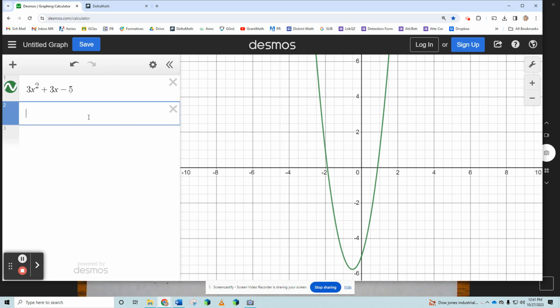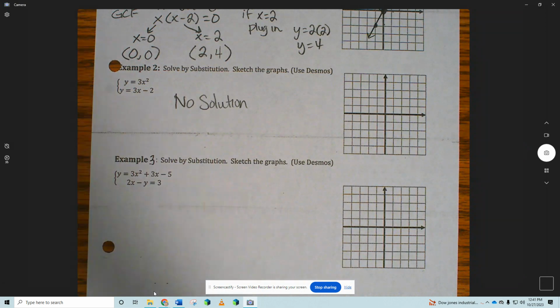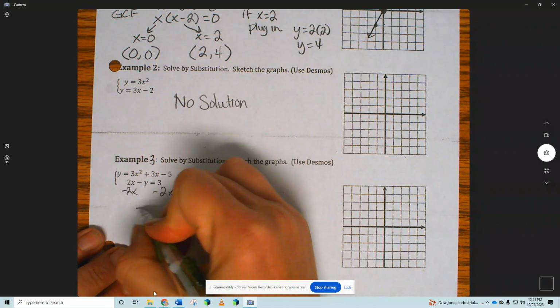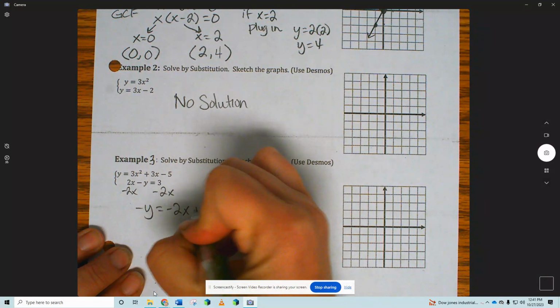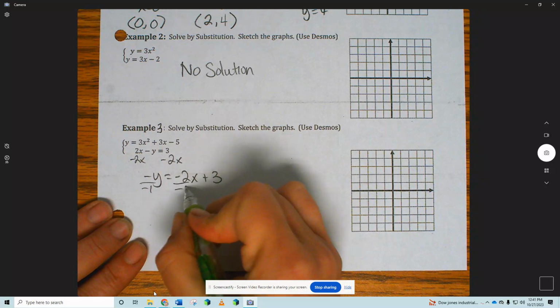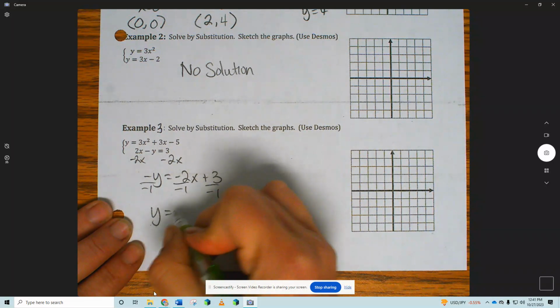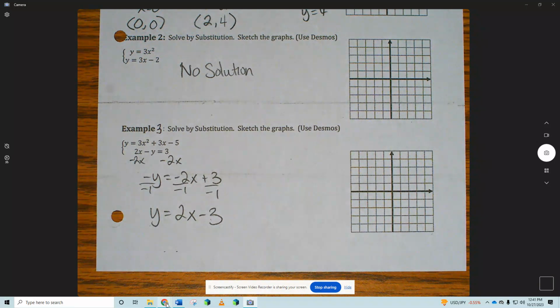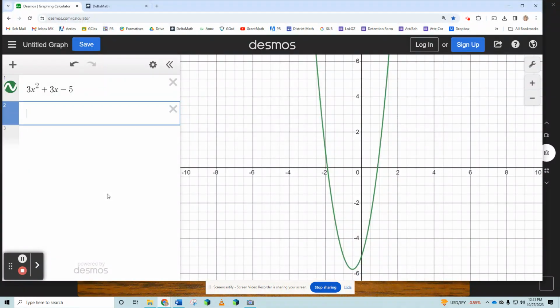What'd you get? If I subtract 2x, and then I have to divide by -1 because it needs to be positive y equals mx plus b. You've got to be able to change these on your own. 2x minus 3. Ooh! They hit, so hover over.